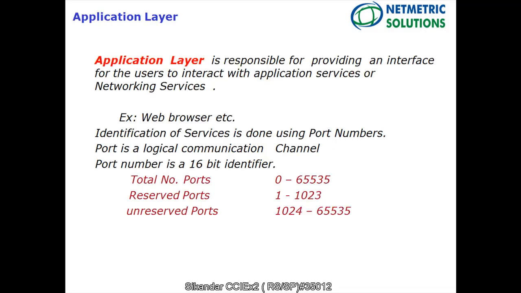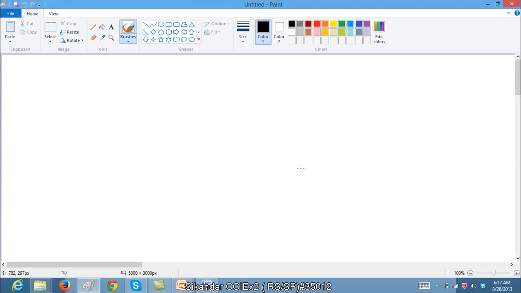Let's get started with the 7th layer. It's the application layer, which is responsible for providing an interface for users to interact with applications or networking services. Let me take one example here to understand the application layer. In general, whenever we are doing some web browsing, I'm going to take some very basic examples.